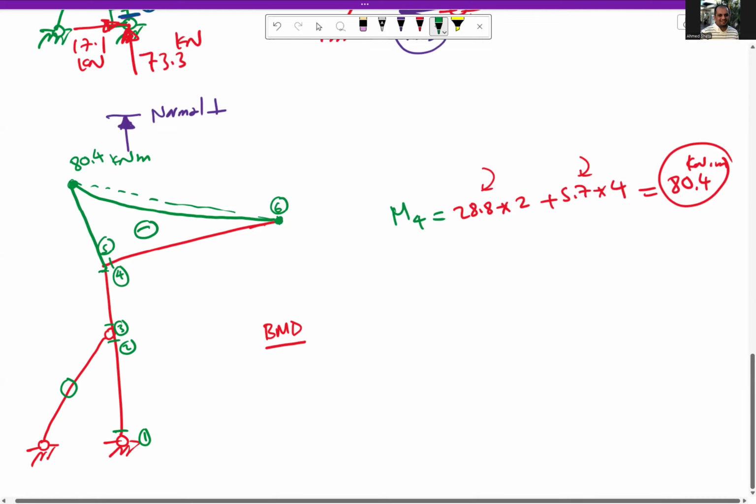The moment at sections 4 and 5 should be the same. So M4 equals M5 because at these two sections it should be in equilibrium. So the moment here will be 80.4 kilonewton meter.